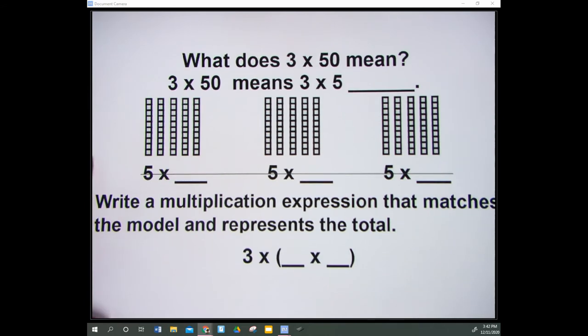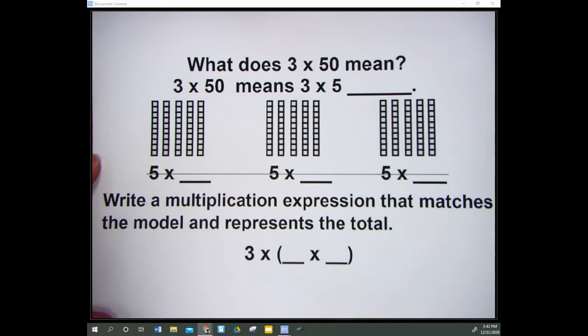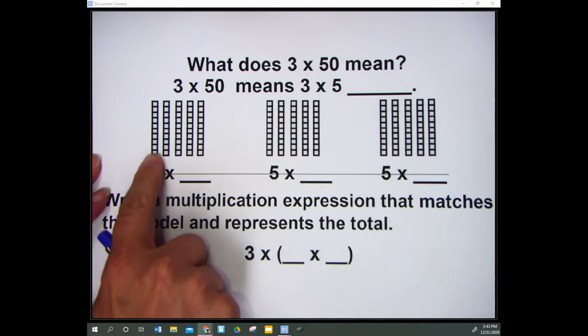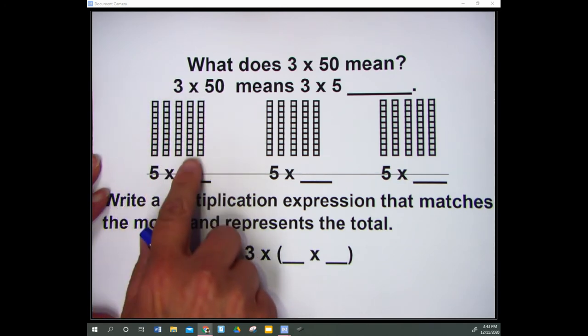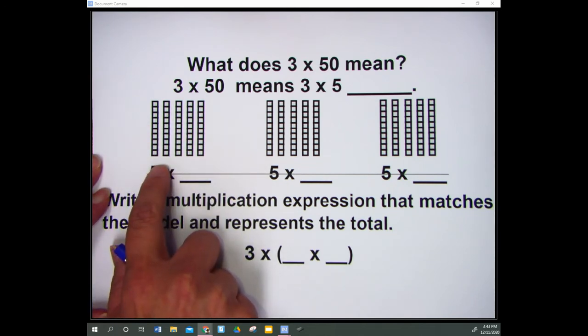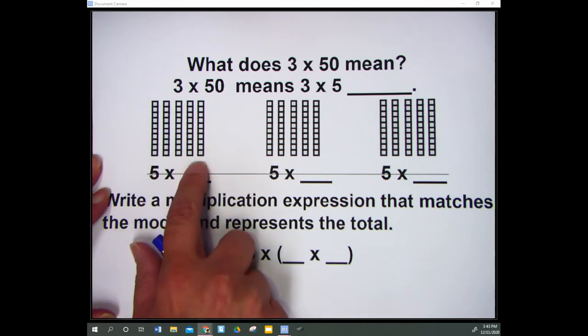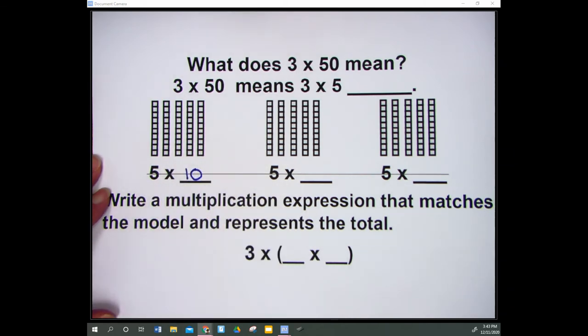Now let's look and see what's happening when we are actually doing some multiplication and using the associative property. What does 3 times 50 really mean? Well, here, these are the tens rods. So you're probably familiar with the place value rods. These are tens rods. A 50 is really 5 of these tens. Okay, so 5 times 10, we know that's 50.